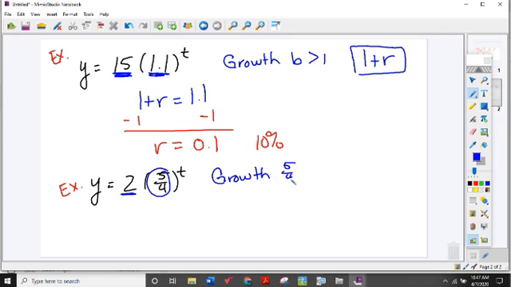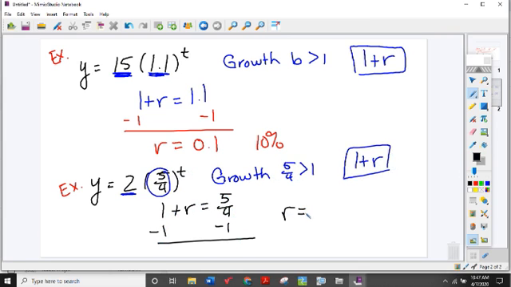So I need to use the 1 plus r model. I need to ask myself, 1 plus what would give me 5/4? So subtract 1 from both sides, and you're going to get r equal to 1/4. And 1/4 as a decimal is 0.25, so that means 25%. That's the rate of increase.